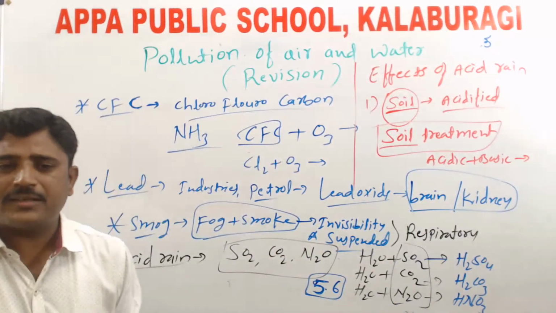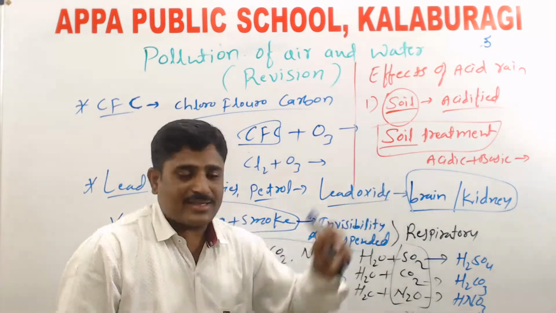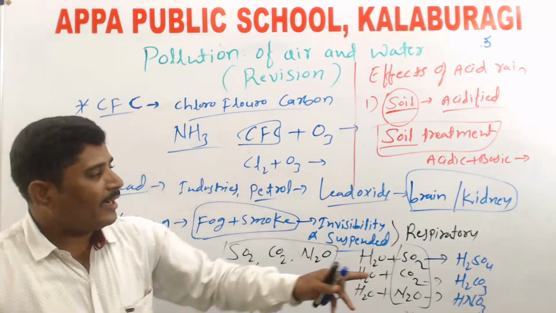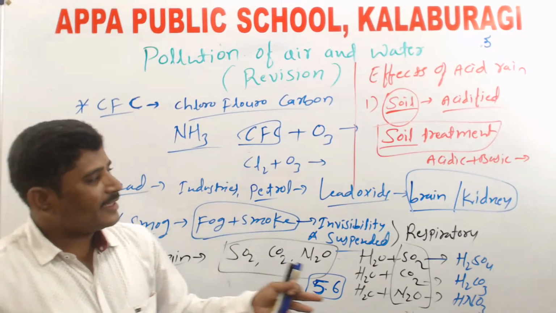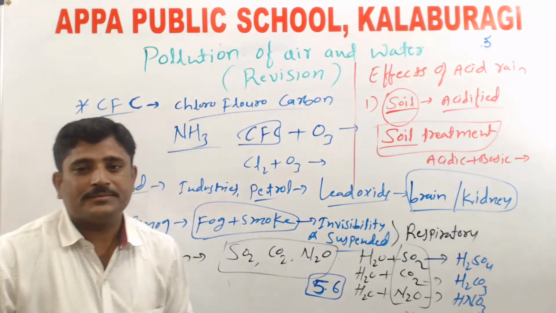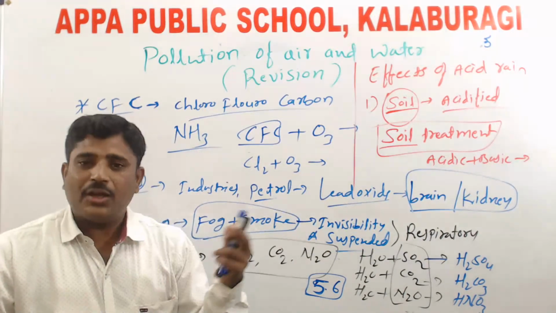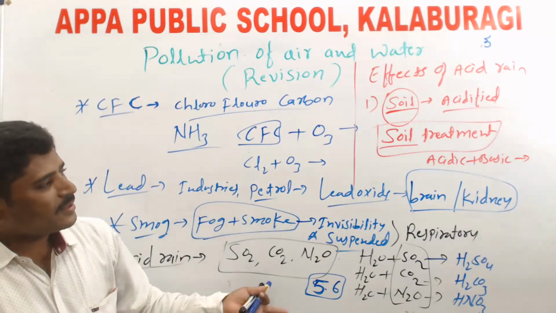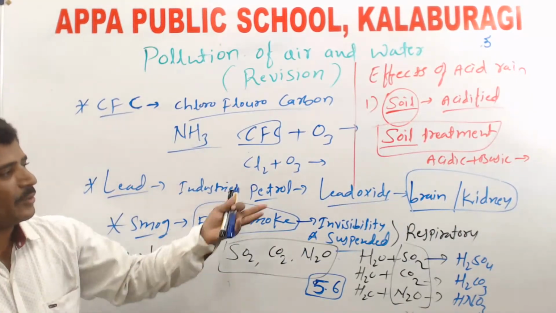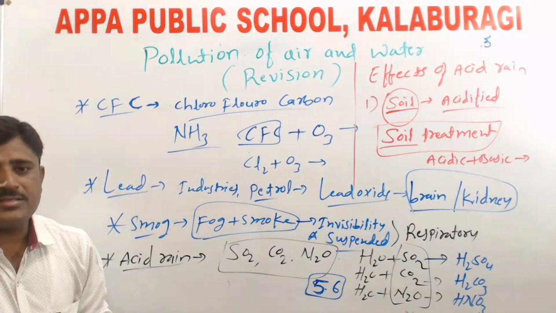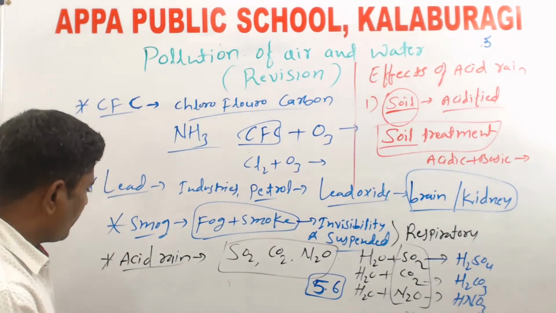If the soil is basic, then you have to add acid. Then it is maintained neutral in nature. Then we can grow crops and seeds can germinate properly, otherwise they could not.